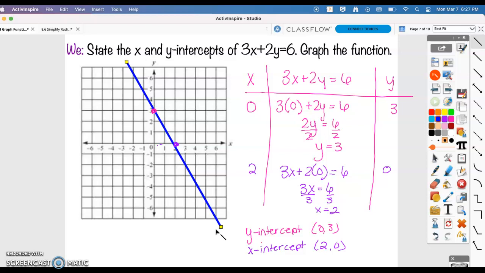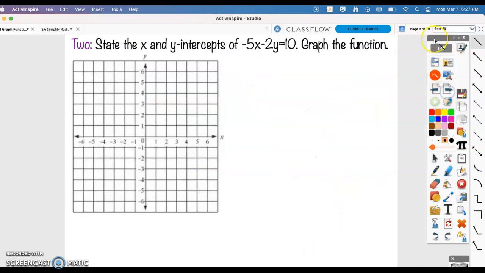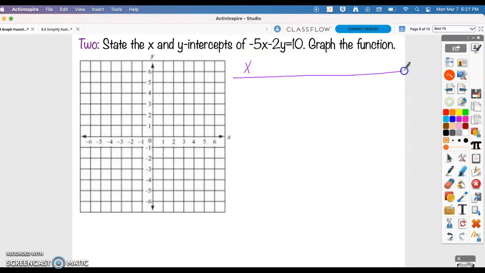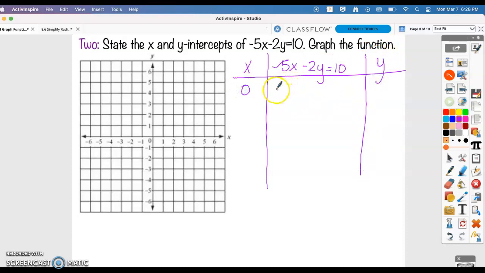Alright, let's practice a couple more of those. Okay, so again, it's in that standard form, not good to graph the way it is, so I've got to make my table. Negative 5x minus 2y equals 10. Start first by plugging in a 0 for x. So negative 5 times 0 minus 2y equals 10.